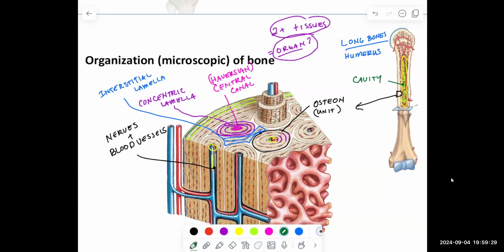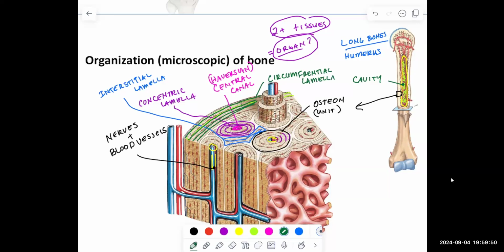It goes all the way around the bone. It doesn't surround a central canal. This one is a circumferential lamella.